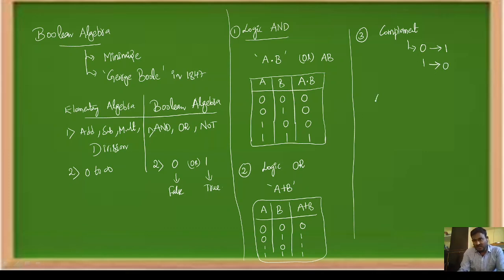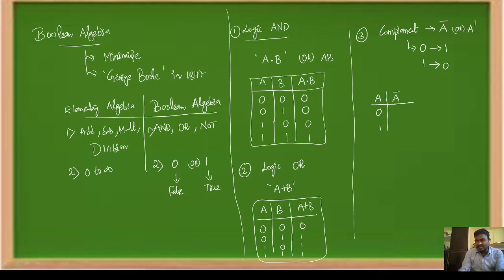If I draw a table like this with one variable, I can have two possibilities, 0 and 1. The complement of the variable A is represented either by A bar or A dash. Either of these two notations is used to represent the complement operation.